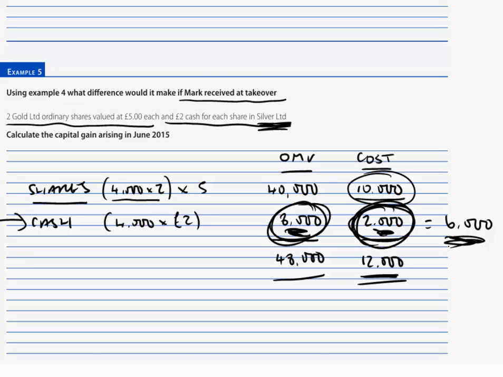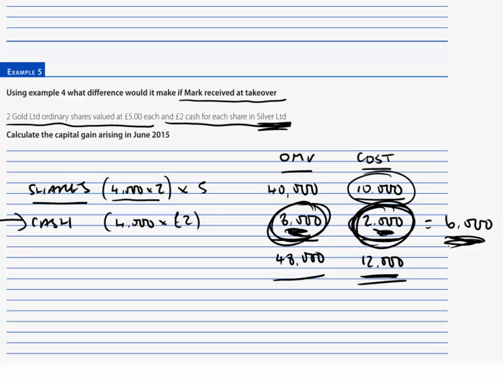The only other type of relief, which is neither of those two things, is entrepreneurs' relief, the one that we've mentioned more than any other, in fact possibly the only relief that we have mentioned. Entrepreneurs' relief is quite simply a tax rate. It doesn't defer, it doesn't exempt any gains, it's merely a tax rate.